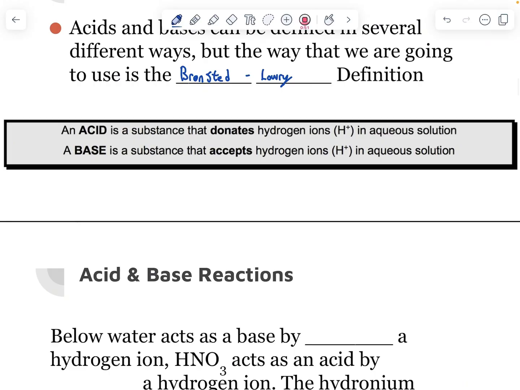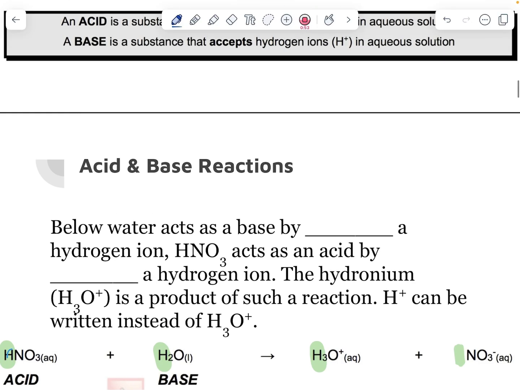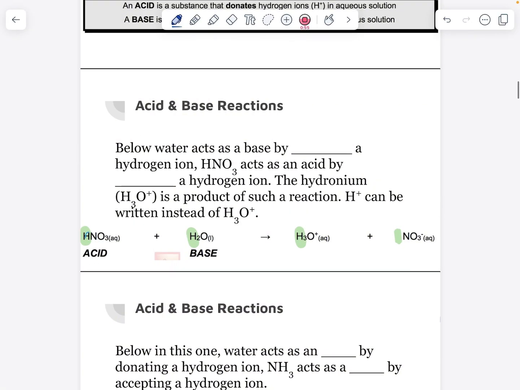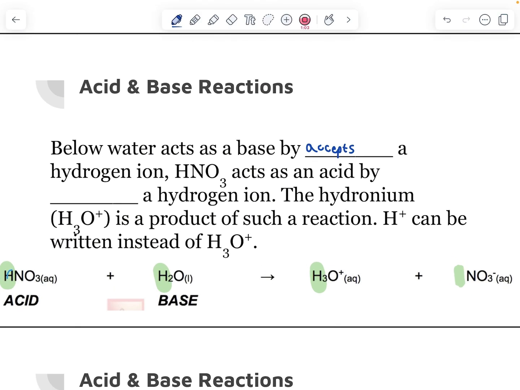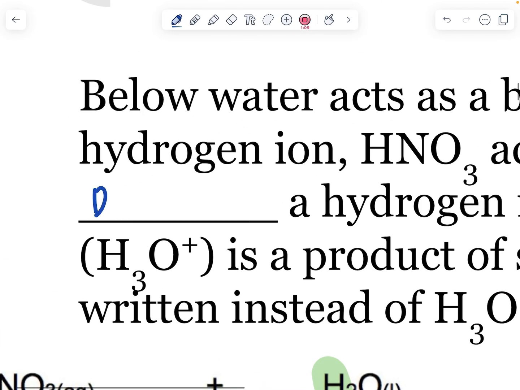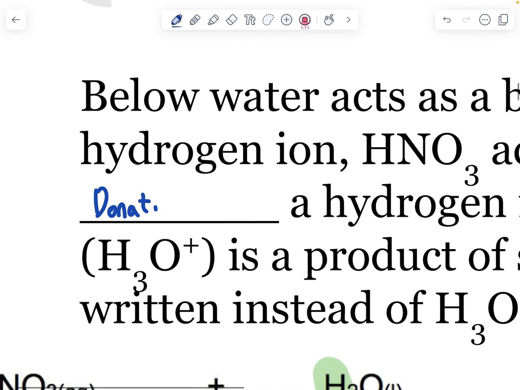So we'll see that in the next example, but water acts as a base here because it accepts a hydrogen ion, and HNO3 or nitric acid acts as an acid by donating a hydrogen ion.